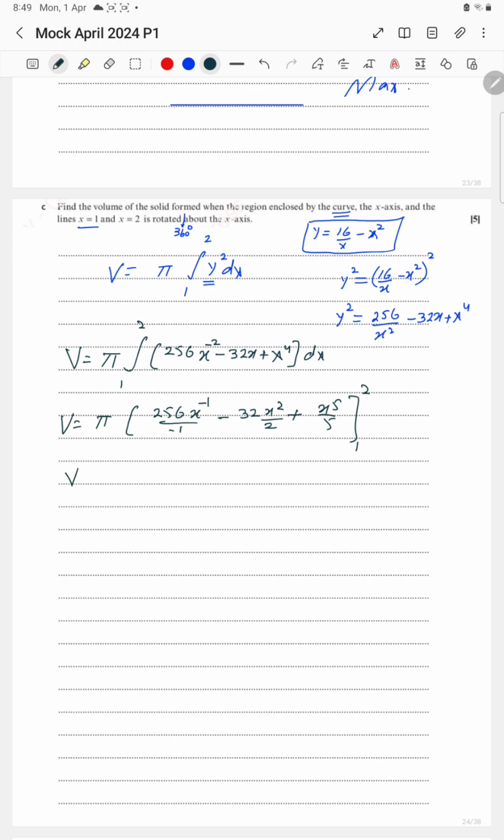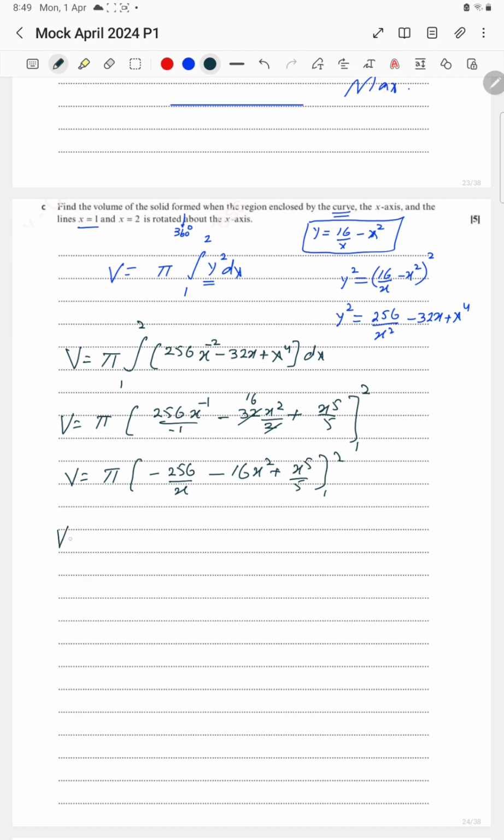Further simplification will give me minus 256 by x minus 16 x squared plus x to the 5 by 5, from 1 to 2.